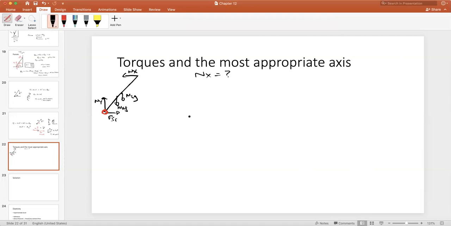So that leaves us with three torques that we need to figure out: the torque of the firefighter's weight, the torque of the ladder's weight, and the torque of the normal force in the x direction.